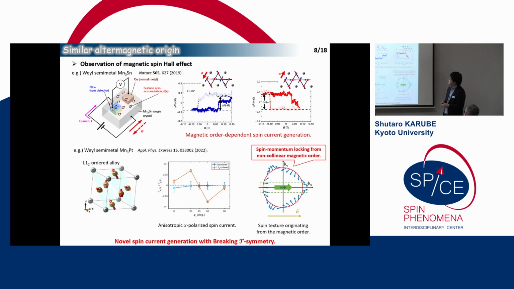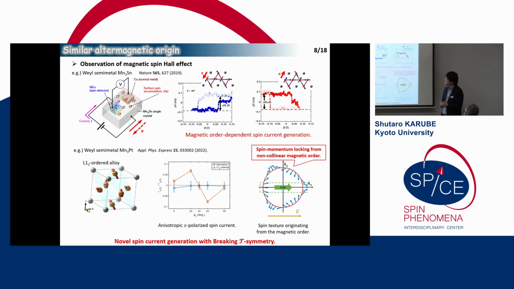Before that, there are similar origins. It's a magnetic spin Hall effect. There was a report of observation in the manganese tin wires and metal. The authors found the magnetic order dependent spin accumulation or spin current generation in the material.